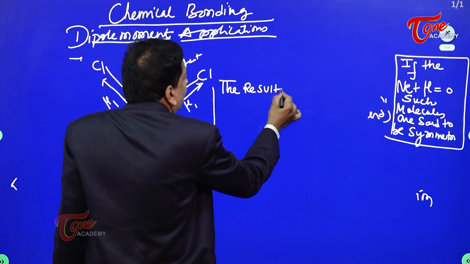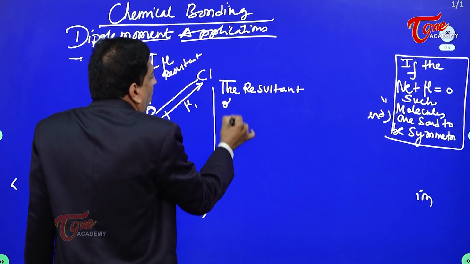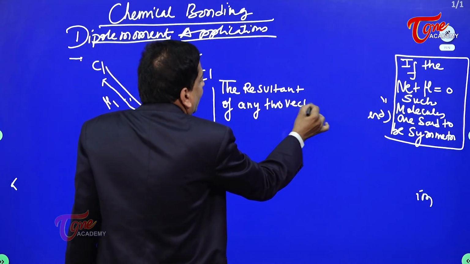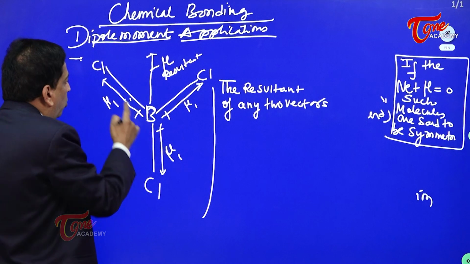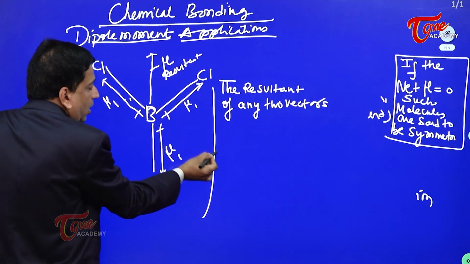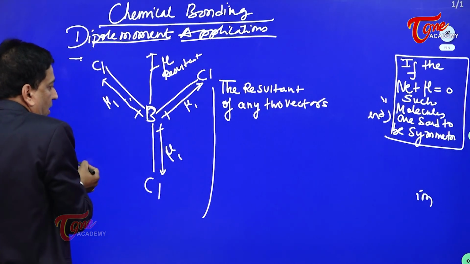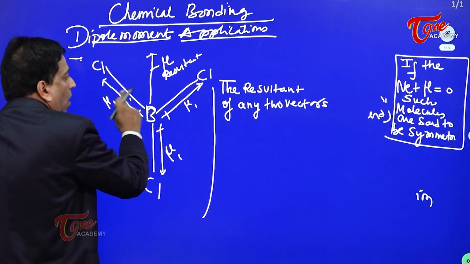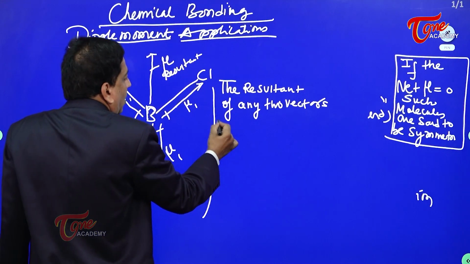So I can simply write like this. The resultant of any two vectors, it is up to you. You can take these two or these two, then the resultant will be this way. So you should understand the resultant of any two vectors is a third vector.